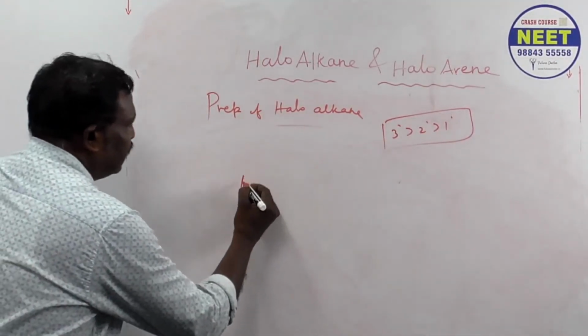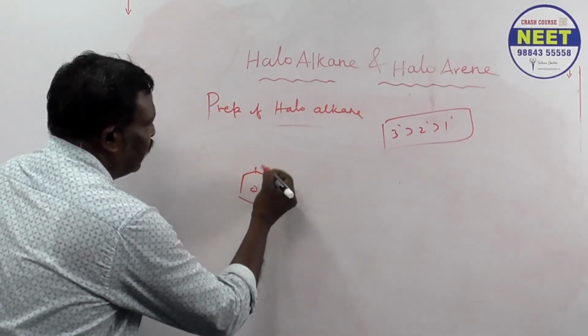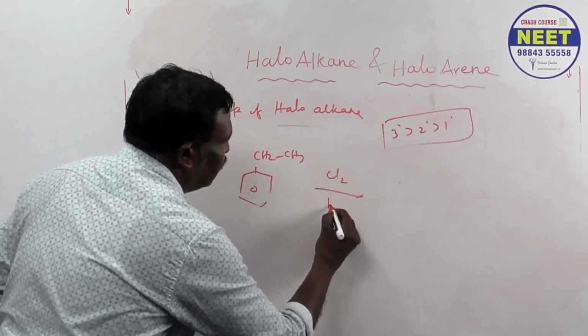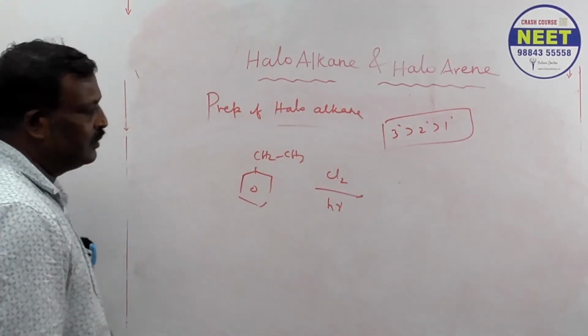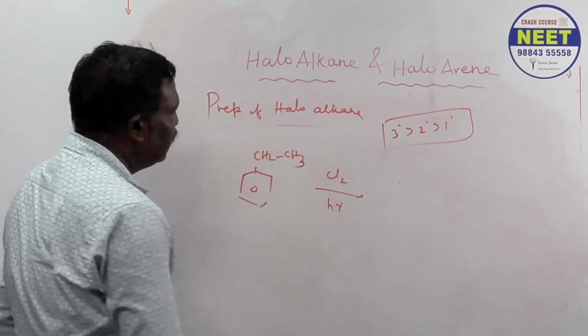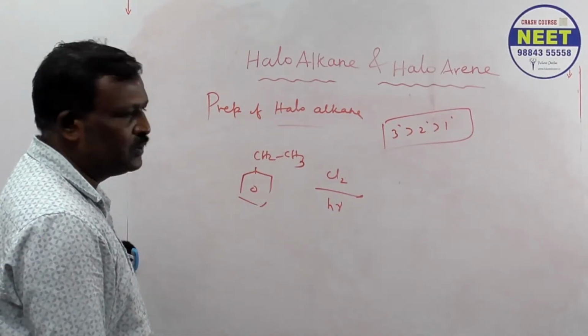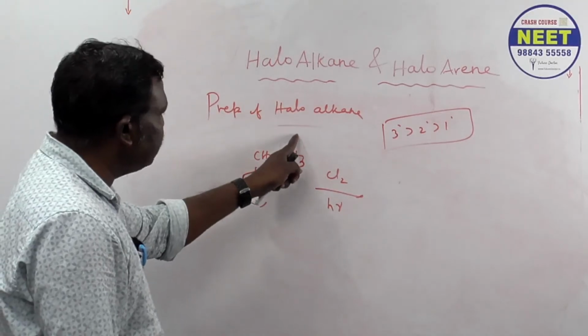Now tell me this one. This example is given. Tell me, what's the product? Major product or stable product? CH2, CH2, Cl. If you replace this hydrogen, it means primary, no?